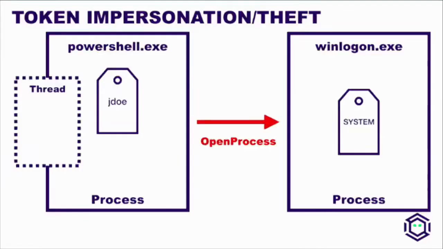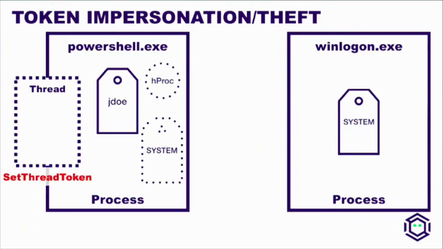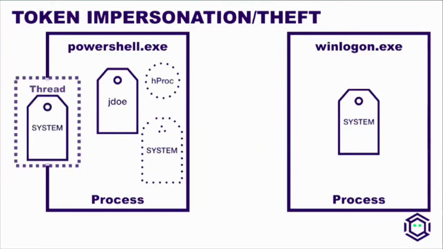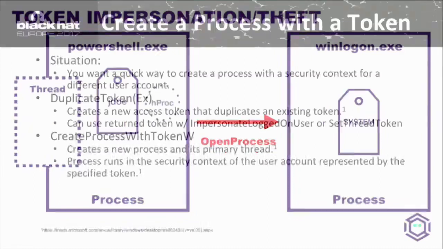Here, PowerShell.exe is opening a process handle to winlogon. Then we call DuplicateToken to duplicate that system token into our PowerShell.exe context. Notice I'm running as John Doe inside of PowerShell. Then I call SetThreadToken, and I apply that system token to my thread, and then that thread starts running as system. That's the general idea there.